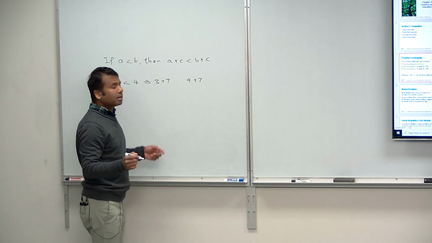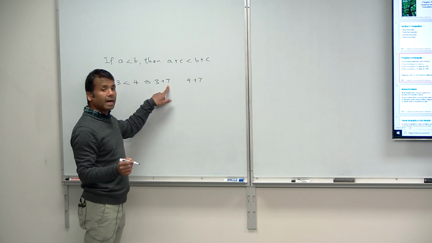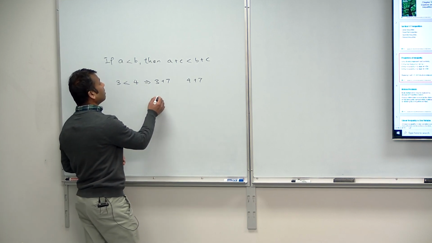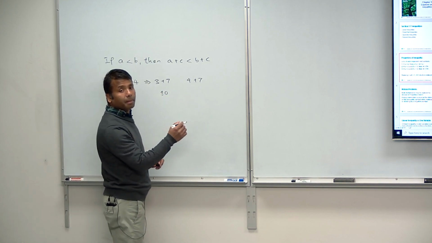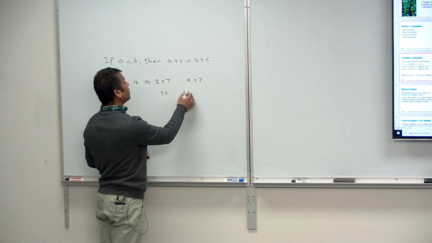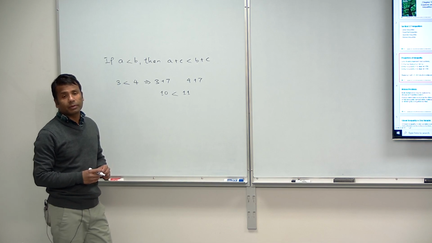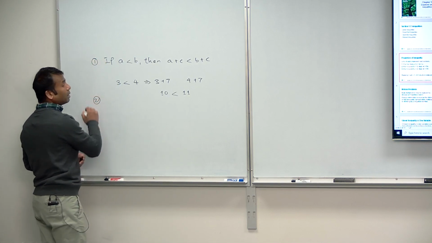So what is 3 plus 7? 10. What is 4 plus 7? 11. You see, 10 is also less than 11. So this is one property.